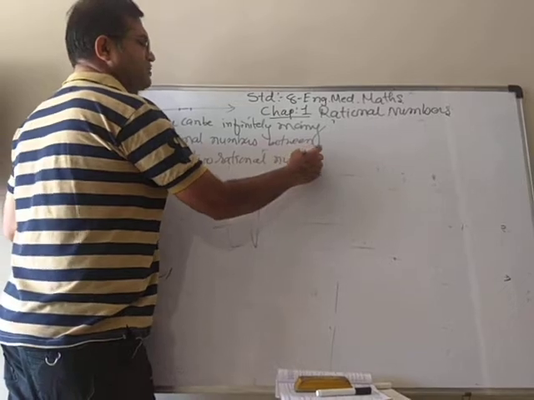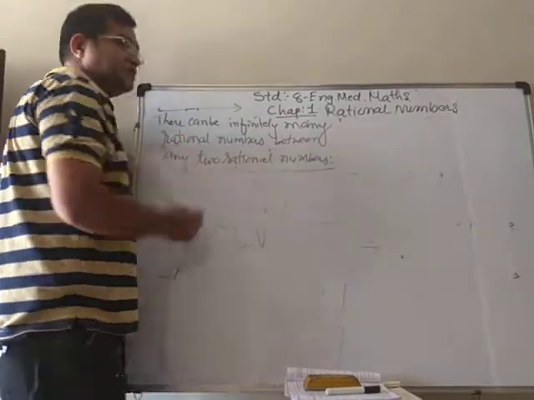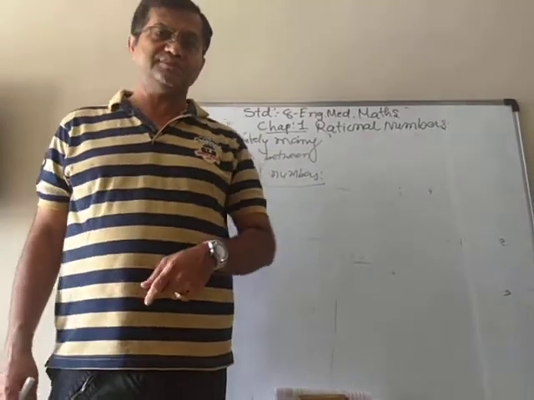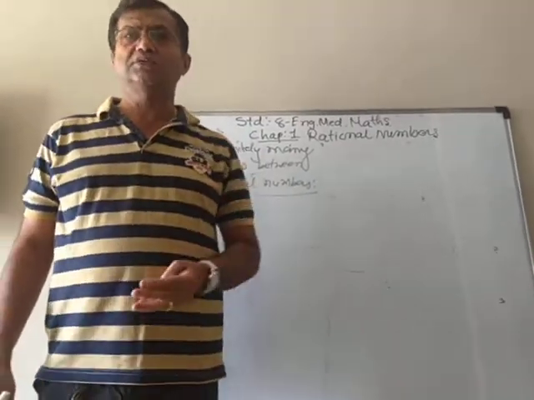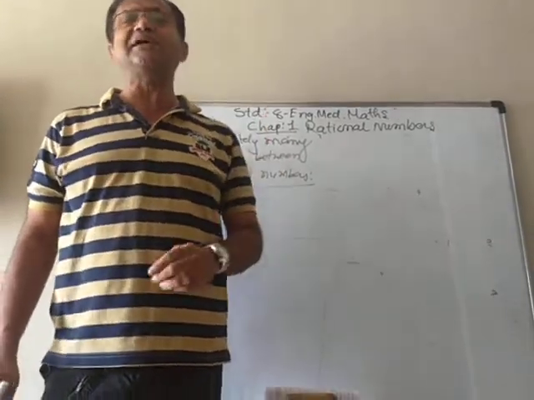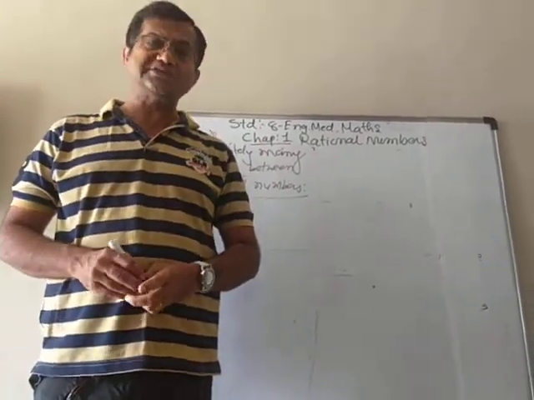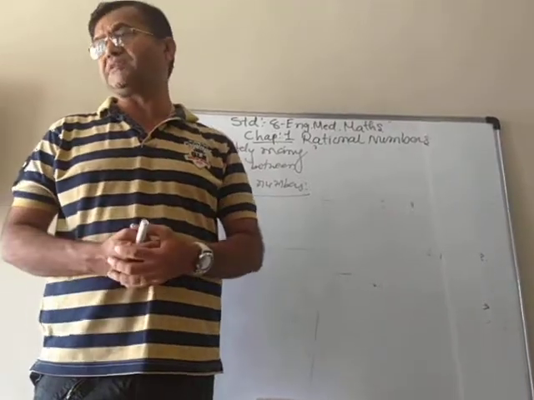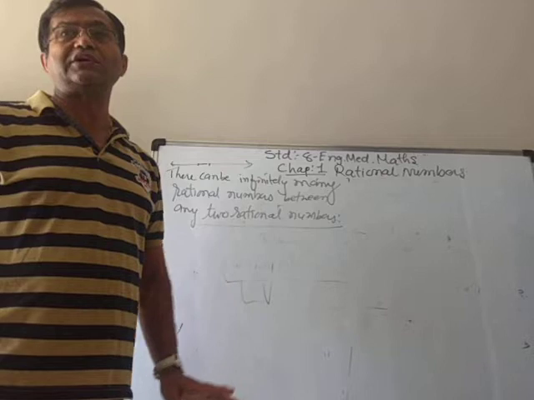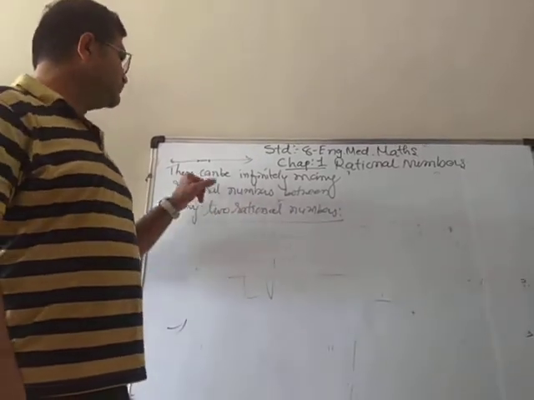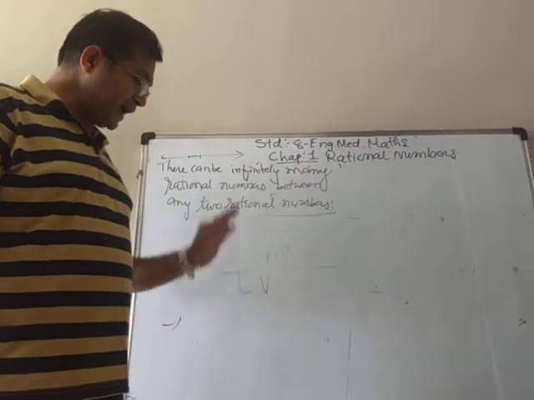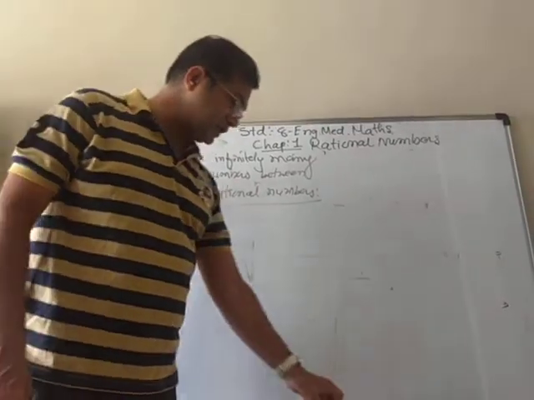When you are asked how many integers are there between any two numbers, you can easily tell, you can count. But if asked how many rational numbers are there between two rational numbers, we cannot count, because there are infinitely many.